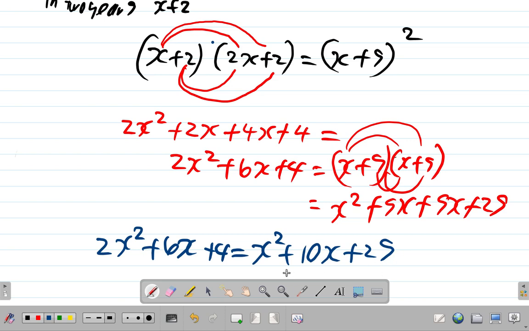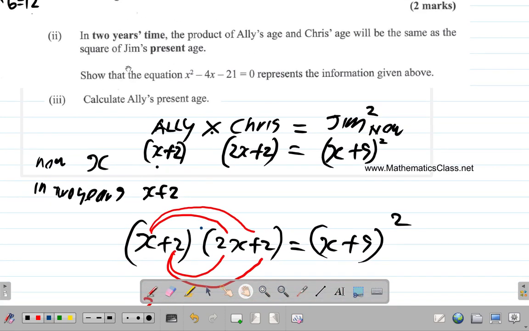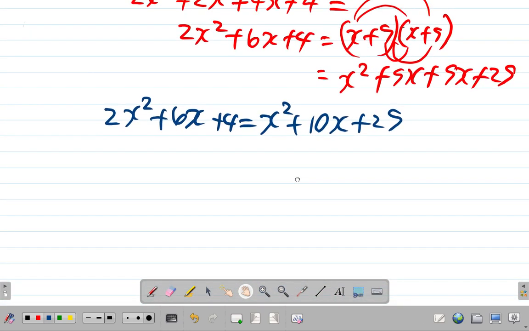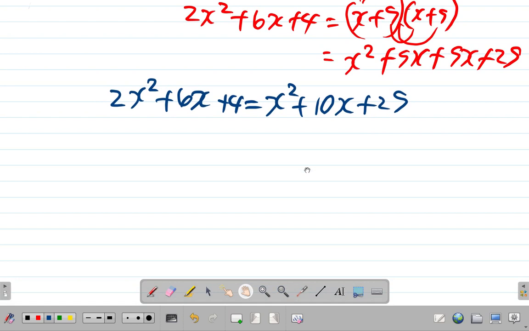What we have to do now is to make it look like this. You notice you have numbers on the left and equals 0 on the right. So we have to shift over the numbers, but remember, you don't just move things over. You have to add, subtract, multiply, divide, and so on. So we're going to subtract everything over on the right.